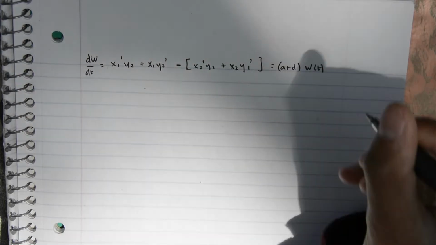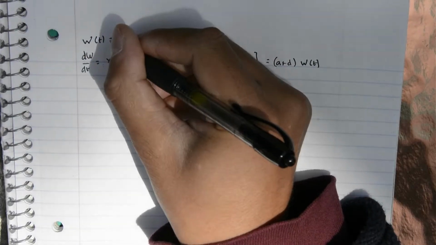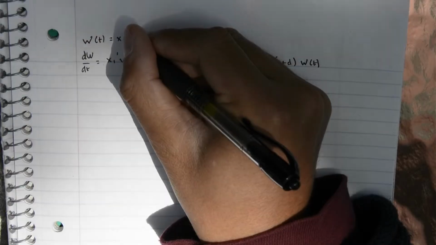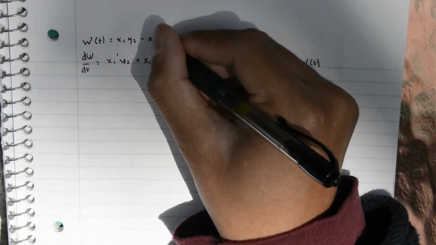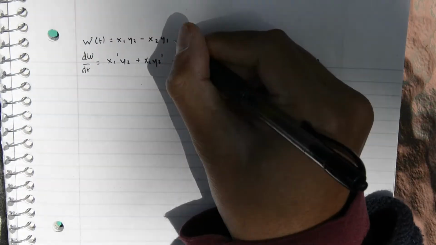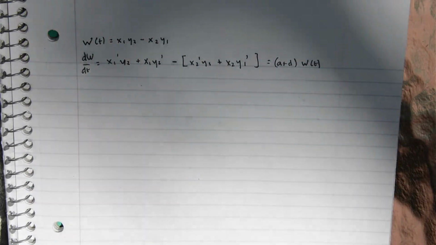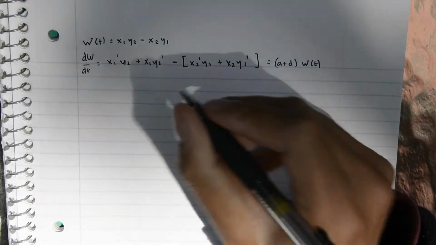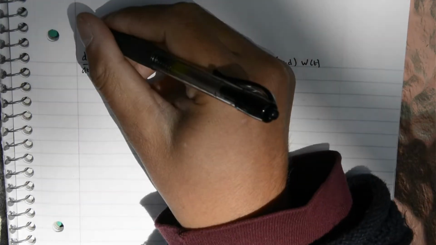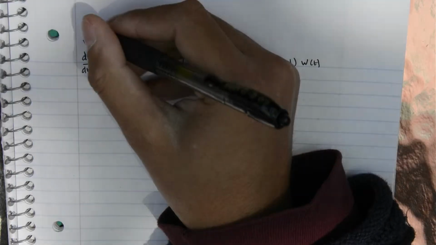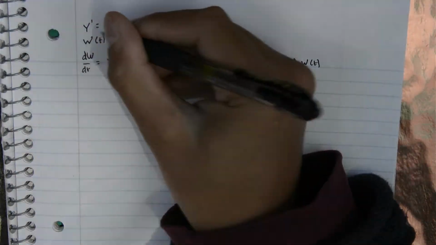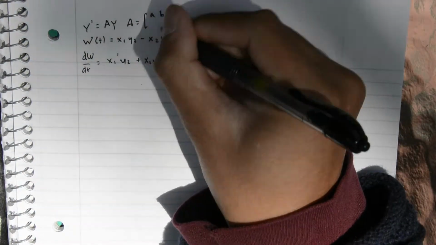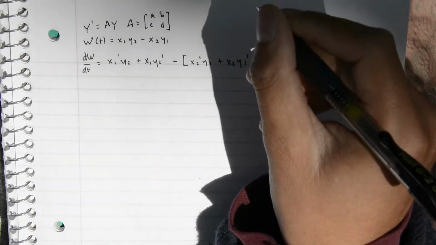W of t is the Wronskian, equal to x1 y2 minus x2 y1, and this is for y prime equal to A times y, where A is the matrix a, b, c, d.